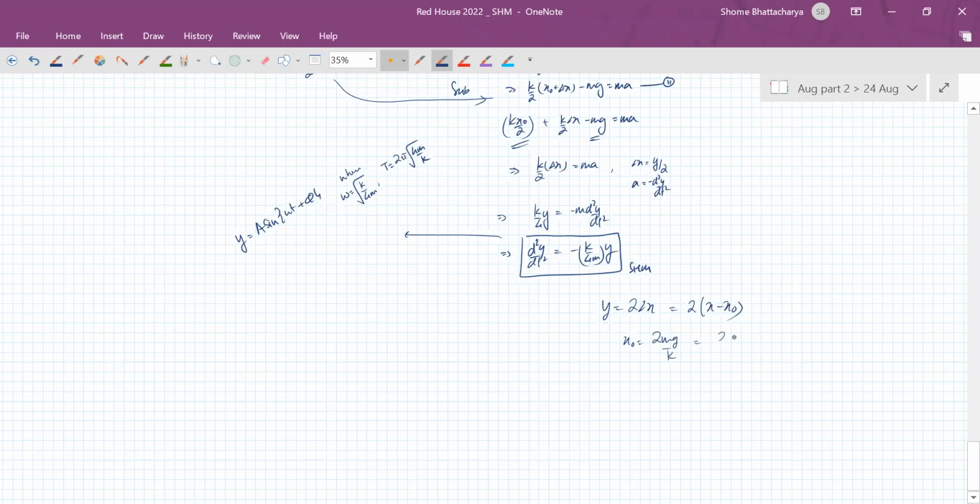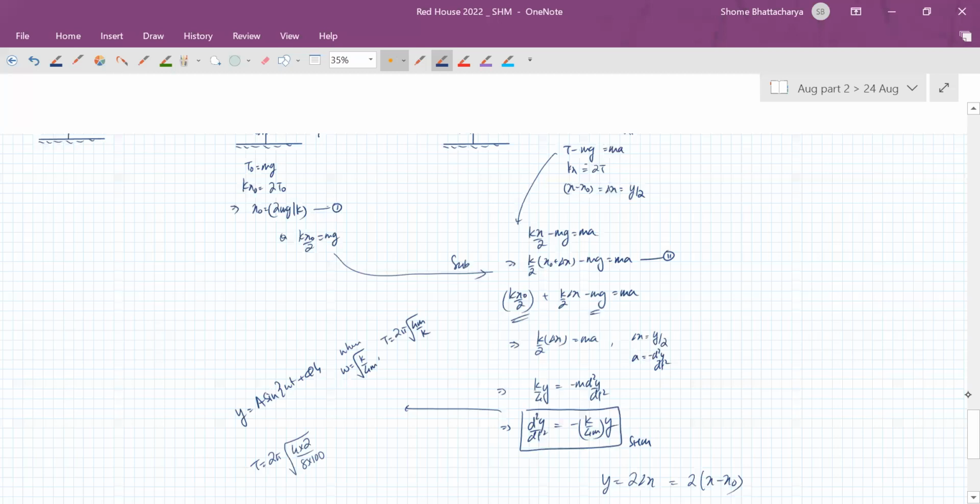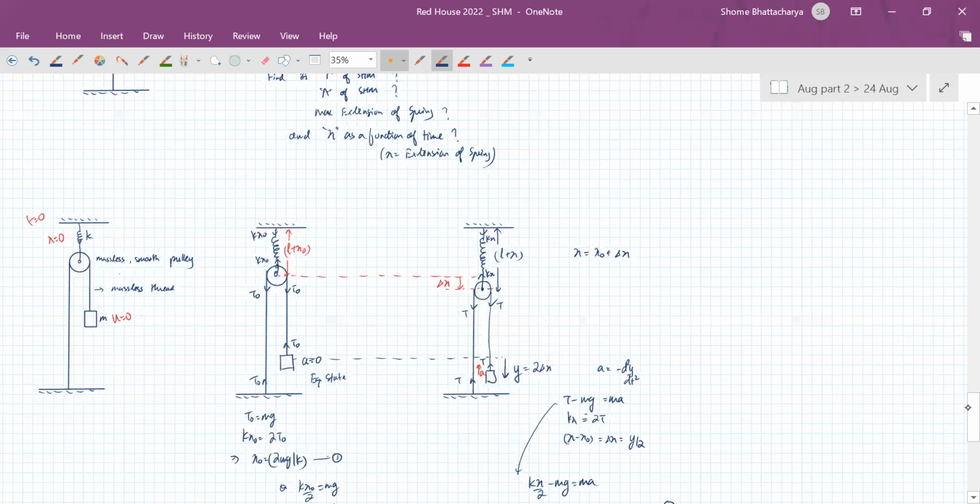So this is 2 into 20 divided by 80. So 0.5 centimeters. And the time period, before we do our things, let's calculate that. Was 50 newtons per centimeter. Okay.